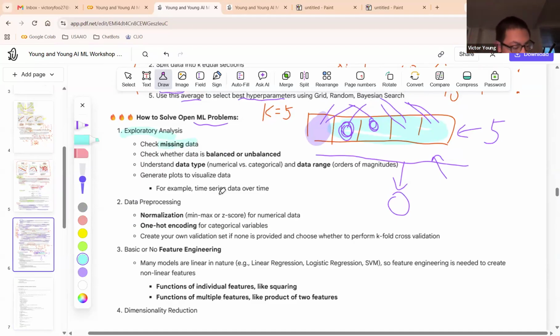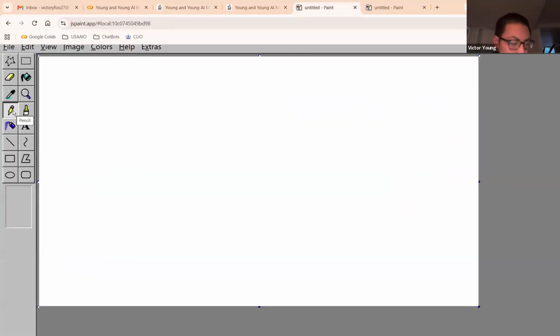So let me go to another whiteboard to talk very quickly about what we should do if we have missing data. So first, we can delete. That is a method. If we delete, we can delete whole rows or whole columns. For whole rows, that's usually what we do, which means that this whole sample, we do not want it.